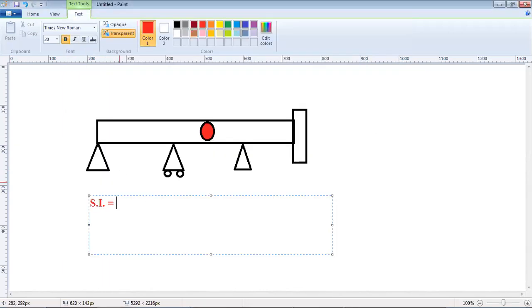Let me write down that formula again. It's alpha into m, where m is the number of members, plus R, the number of reactions, minus beta into J plus R or gamma.